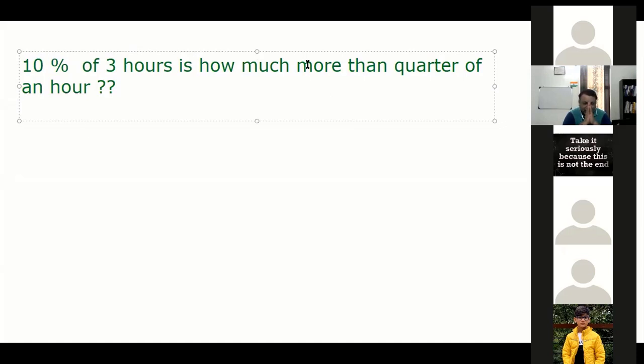Shlok, are you getting it? Tanishka says 3 minutes. Asta, Prachi, your answers. Shriya, your answers. Mudit says 3 minutes.